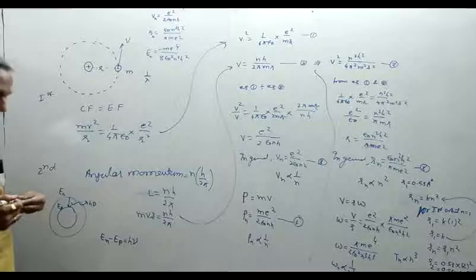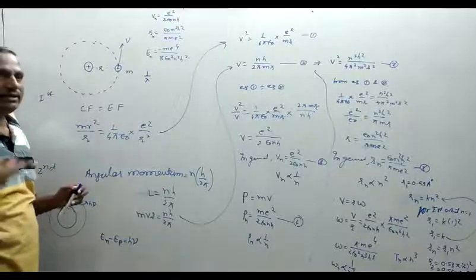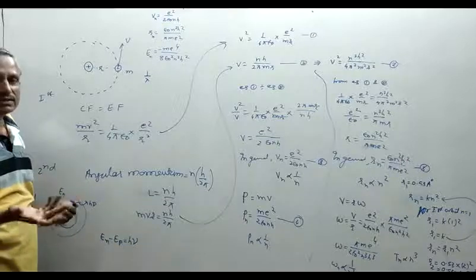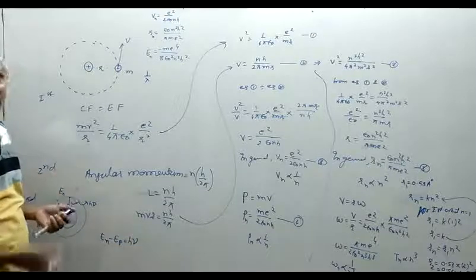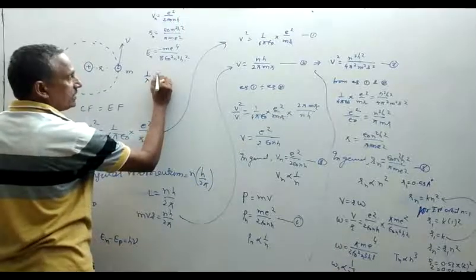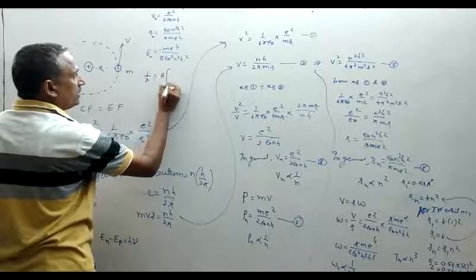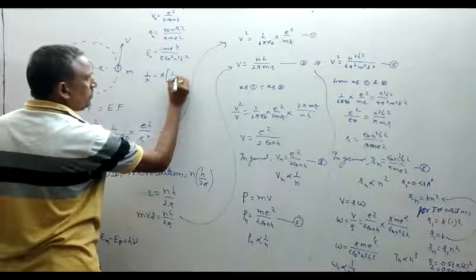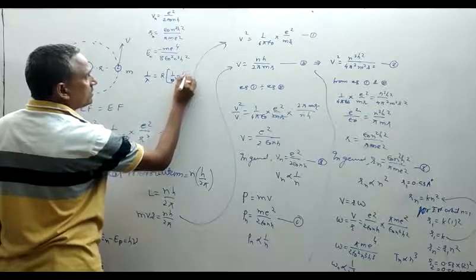According to Bohr's postulate, when an electron is revolving, it is associated with a wave, and that wavelength is calculated by using a formula. 1 upon lambda is equal to R in bracket 1 upon p square minus 1 upon n square.